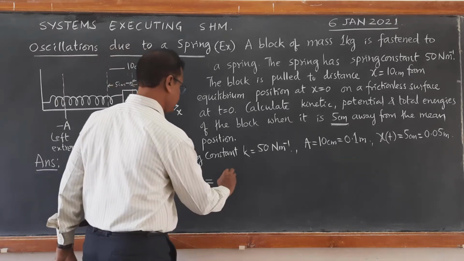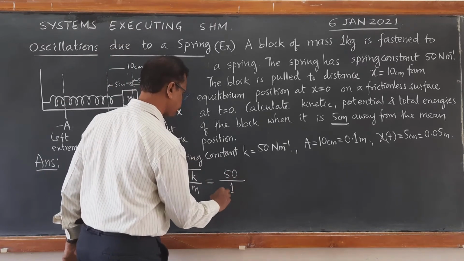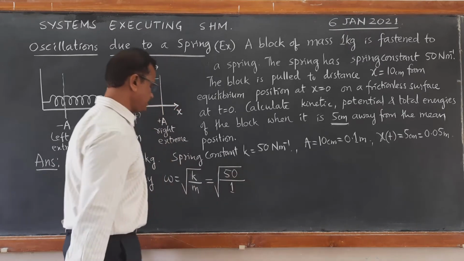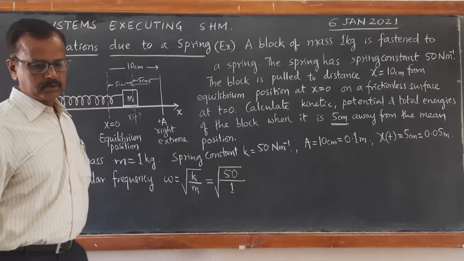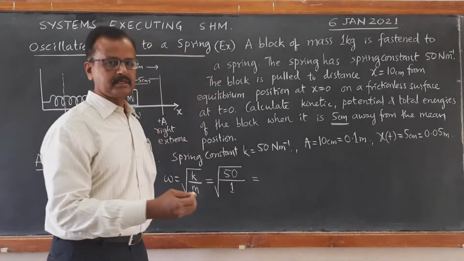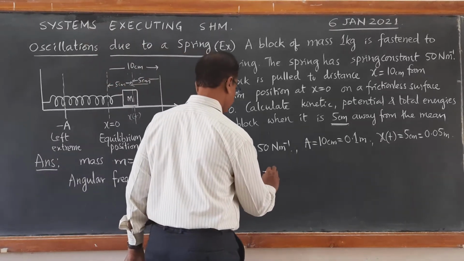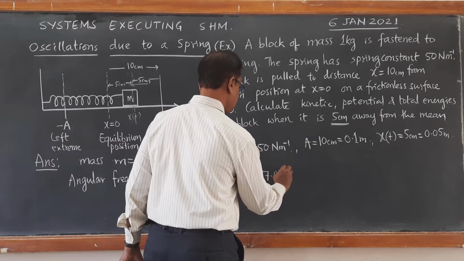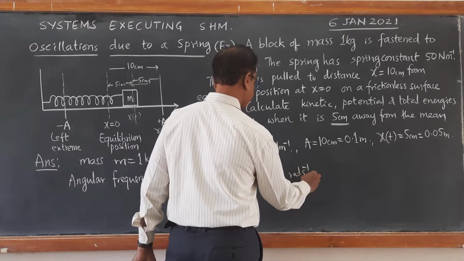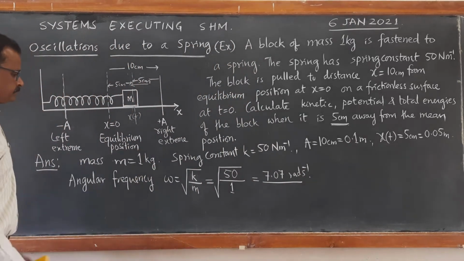So spring constant is 50 and mass of the block is 1 kg, so it becomes square root of 50. Square root of 50 is 7 point something; 7 sevens are 49, so if you calculate it, it comes out to be 7.07 radian per second.